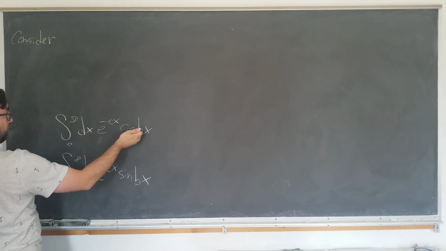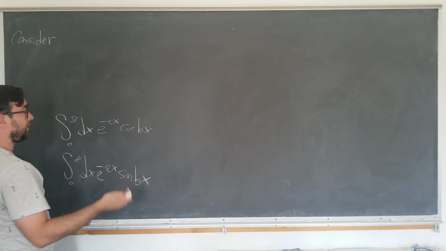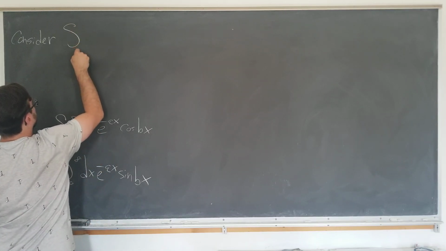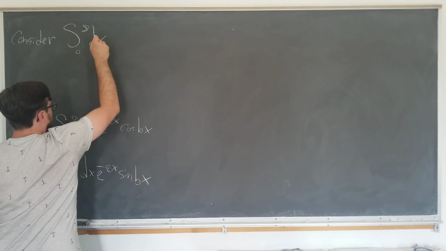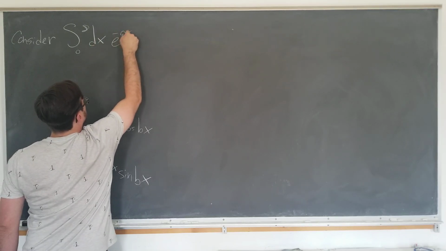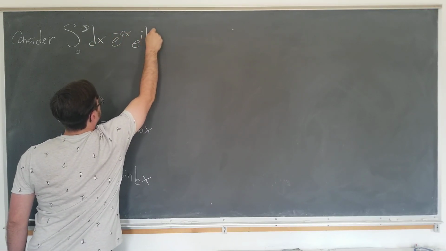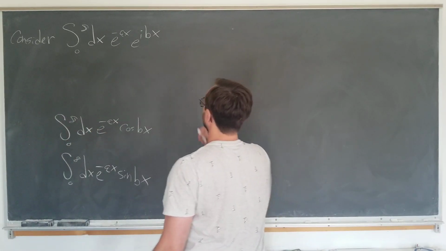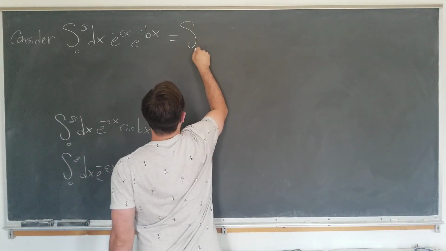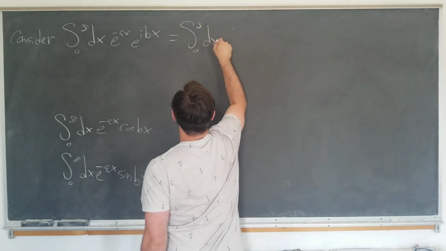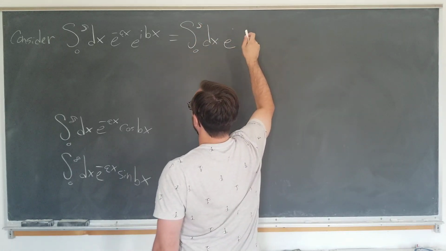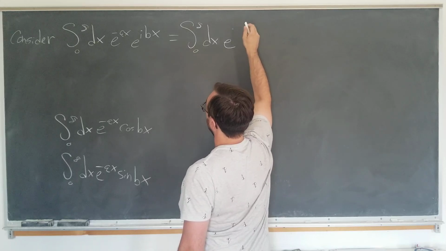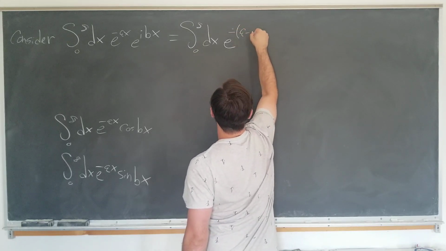We're going to replace the cosine and the sines by a complex exponential. And we're going to simplify the argument of the exponential. Let's see, we want to have everything like this.